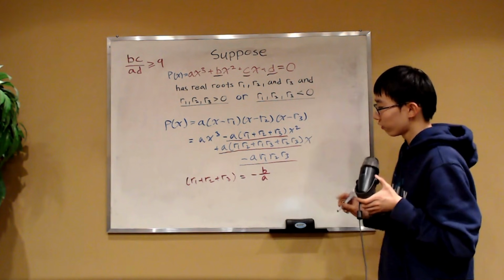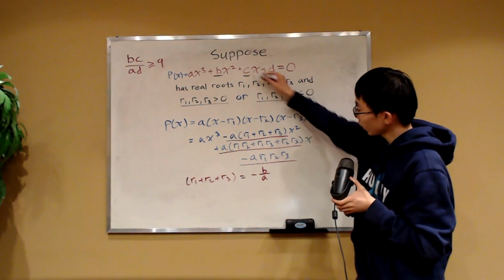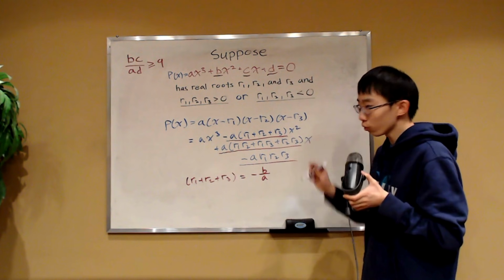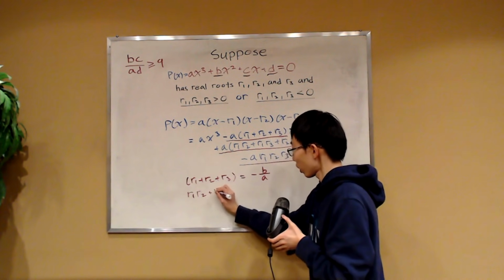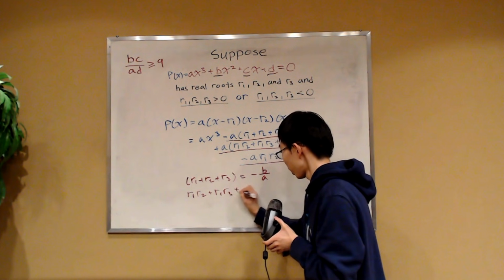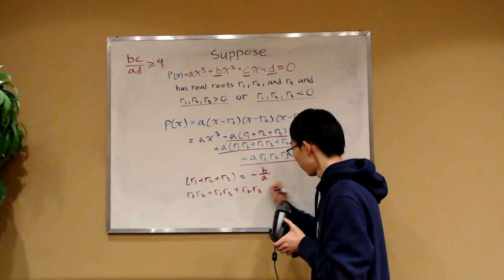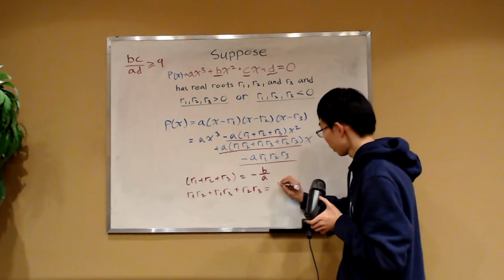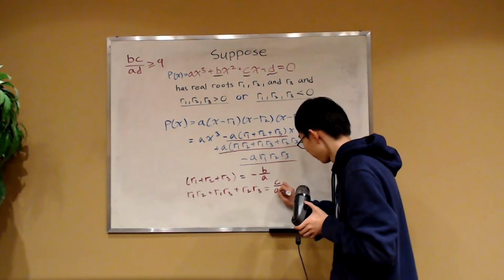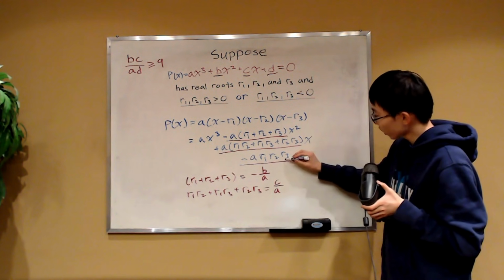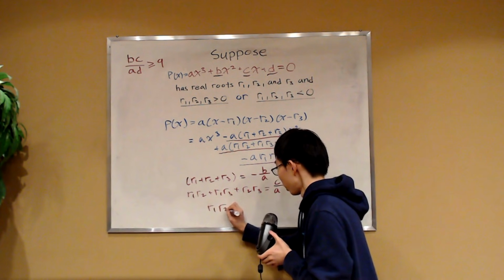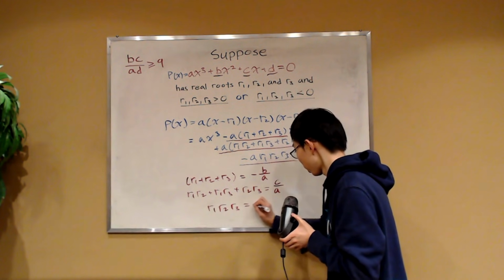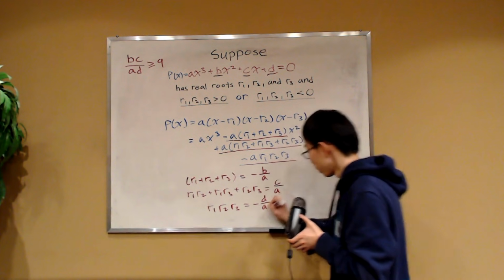If we do that, we would get that this is equal to negative b over a. And similarly, if you were to compare this with c and this with d, you would deduce that r1 r2 plus r1 r3 plus r2 r3 is equal to c over a. And finally, this compared with d, you would get that r1 r2 r3 is equal to negative d over a.